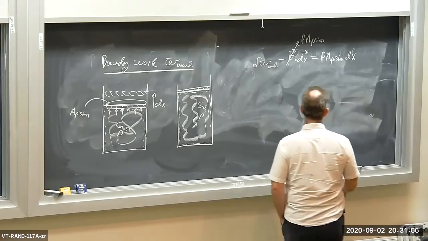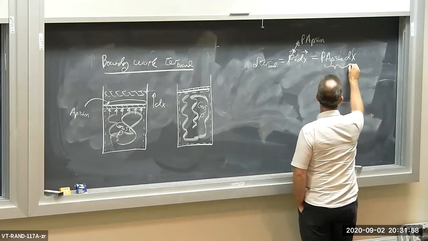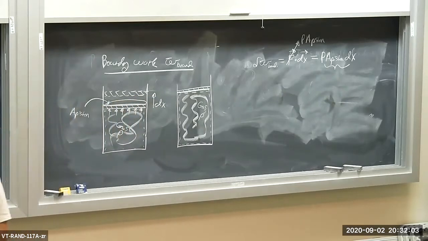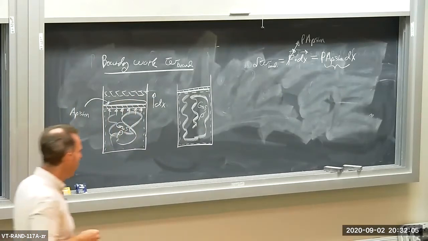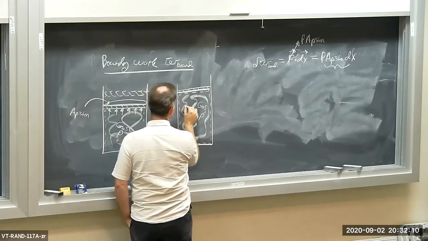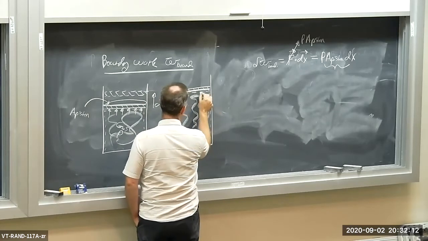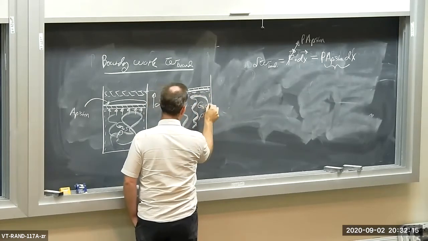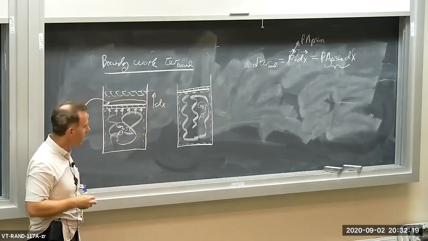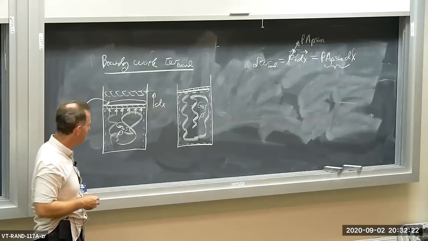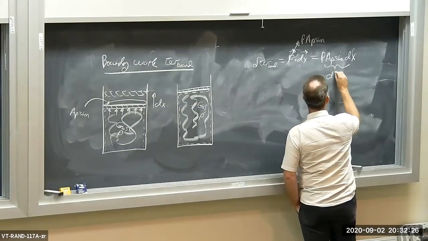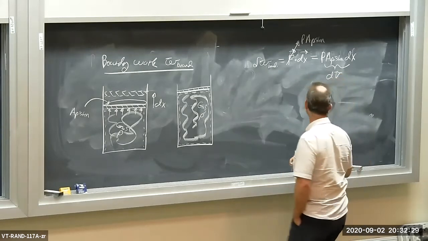Now, this quantity right here, area of the piston times the displacement of the piston dx, that is the change in volume of the gas. This extra volume in here, due to the upward displacement of the piston, is dx times the area of the piston. So this quantity here is d volume or dV.